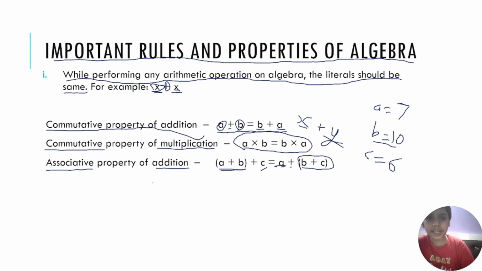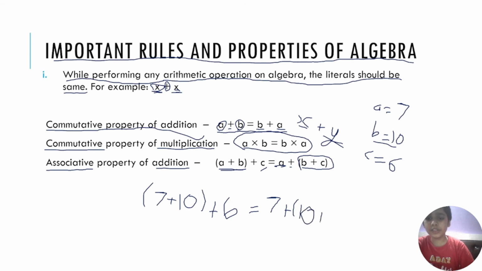A plus b, that means in the bracket 7 plus 10, and I'm adding c to it, which is 6. And now it is equal to a, which is 7, plus b plus c, which is 10 plus 6 in the bracket.